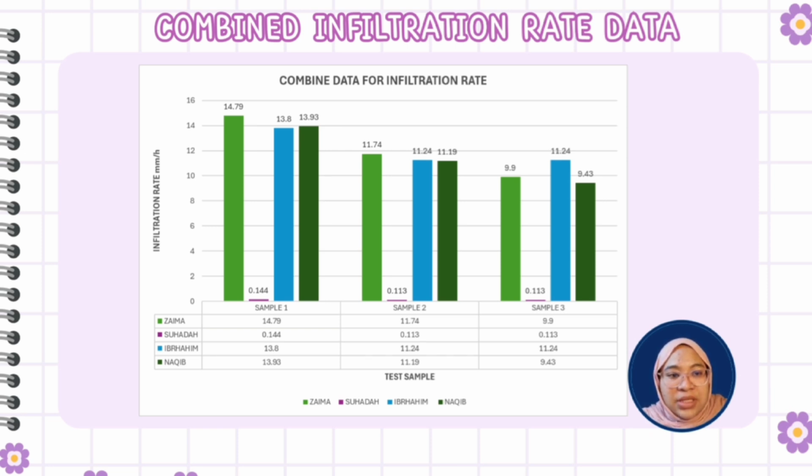For the second sample, Zaima's value is 11.74, Suhada 0.113, Ibrahim 11.24 and Nakib 11.19. For the last sample, the third sample, Zaima's value is 9.9, Suhada 0.133, Ibrahim 11.24 and Nakib 9.43. This shows the infiltration rate based on the data that our group members collected. That's all.